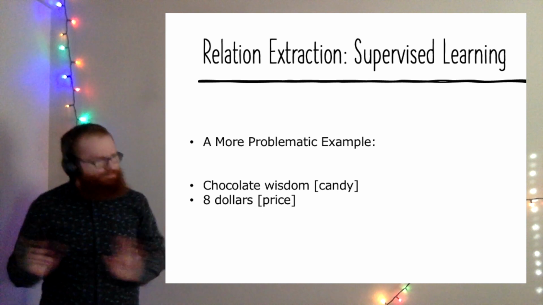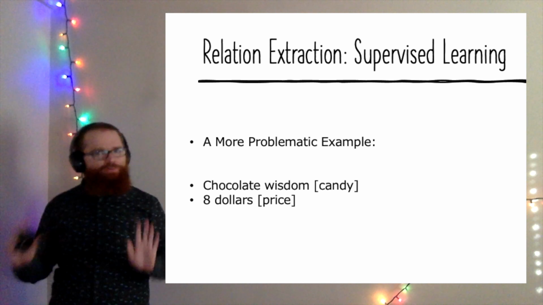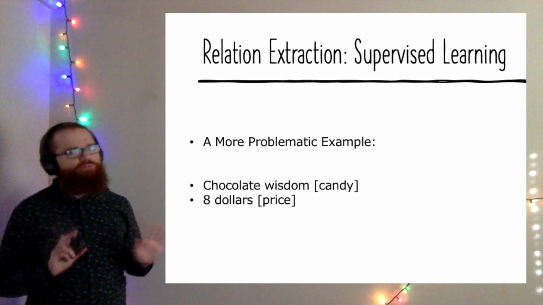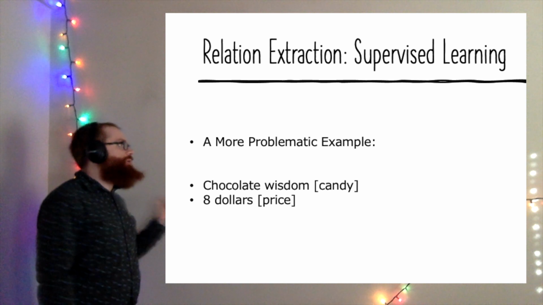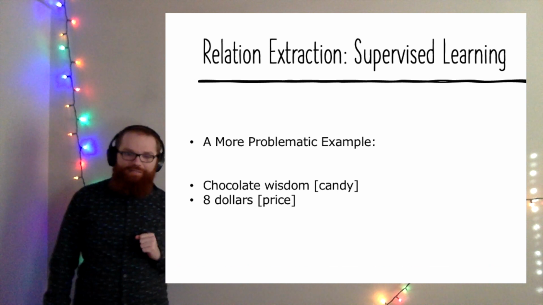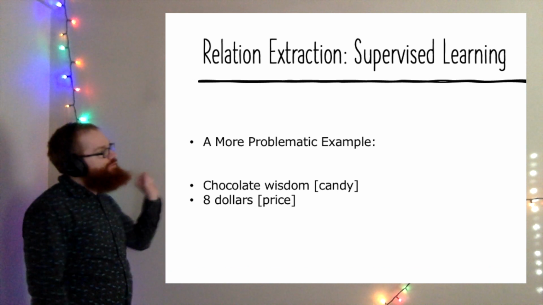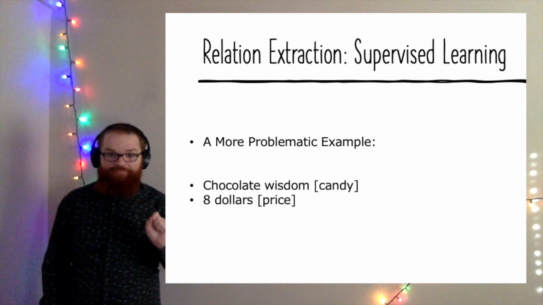And chocolate wisdom sounds amazing. I don't know what it would be, but I love chocolate and I love wisdom. However, chocolate wisdom is not being priced at $8. It's the Lindor Valentine's Day assortment.